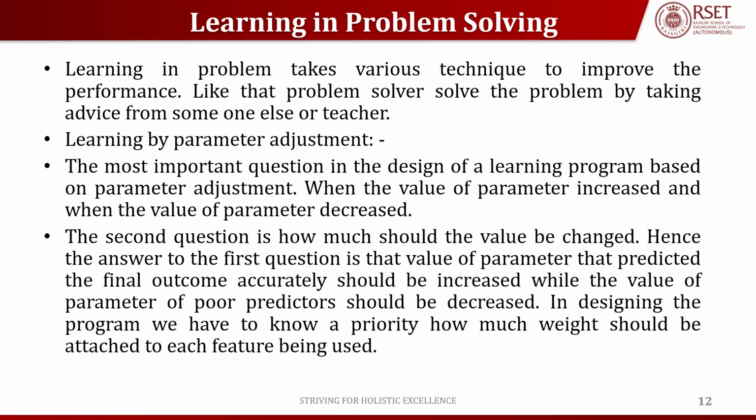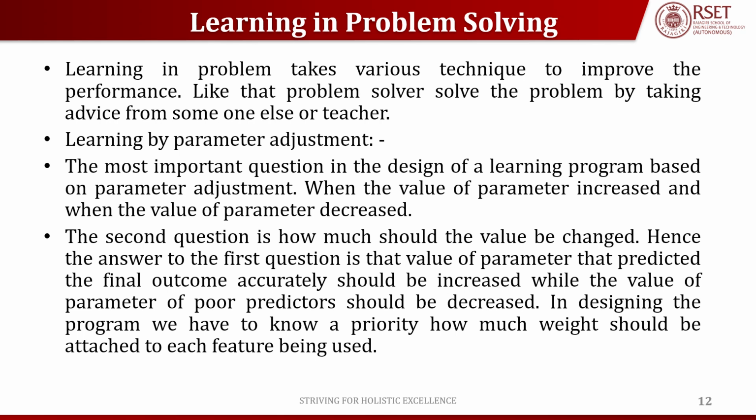Similarly, in artificial intelligence, systems adjust parameters in order to emphasize the factors that lead to successful outcomes. That is what we call learning by parameter adjustment. The most important questions in the design of a learning program based on parameter adjustment are: when should the value of a parameter be increased, and when should it be decreased?